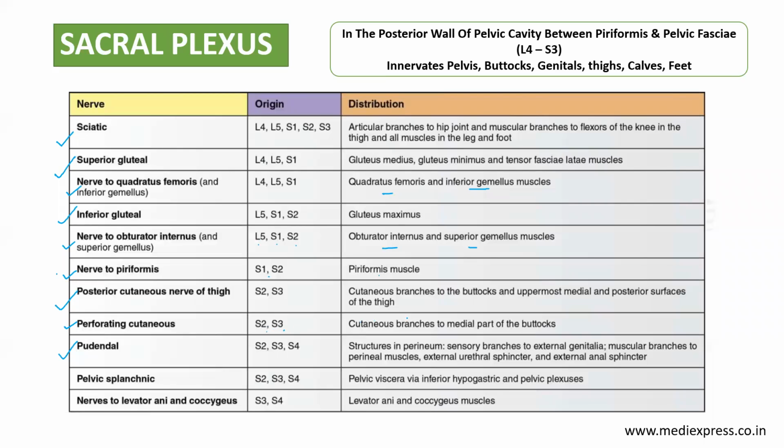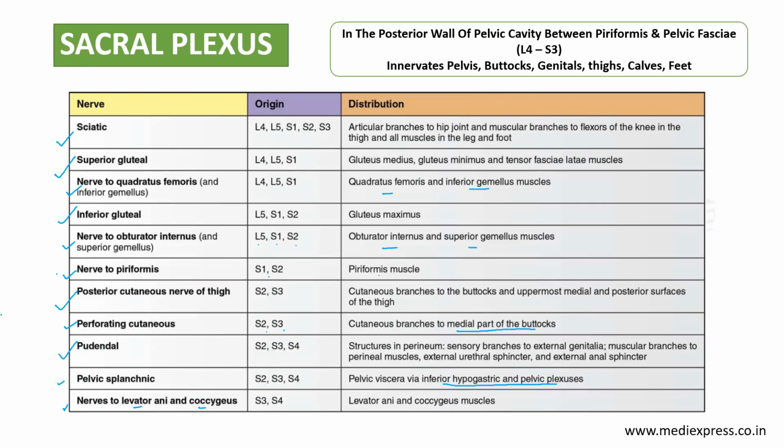S1, S2 is the root value. This is a cutaneous branch, as the name suggests. It supplies the medial part of the buttocks or gluteal region. Next one is the pelvic splanchnic nerve, which takes part in the inferior hypogastric and pelvic plexus. There is an extra smaller nerve which supplies to the levator ani and coccygeus muscle.